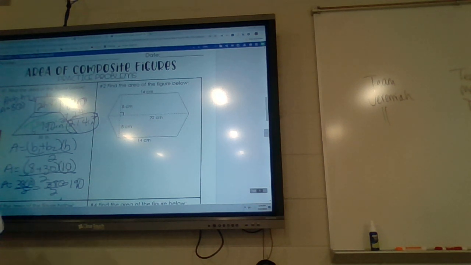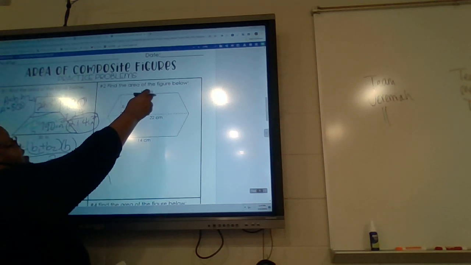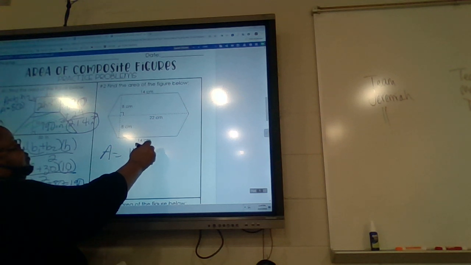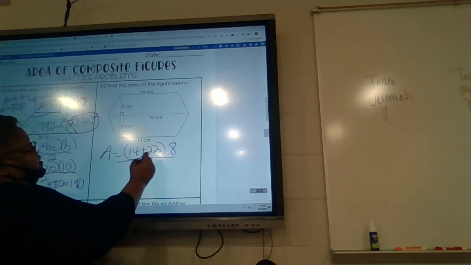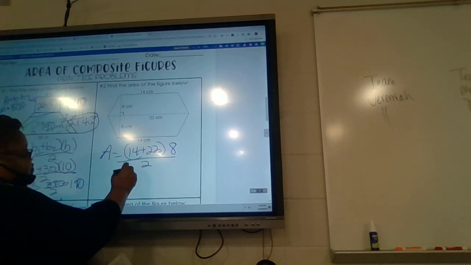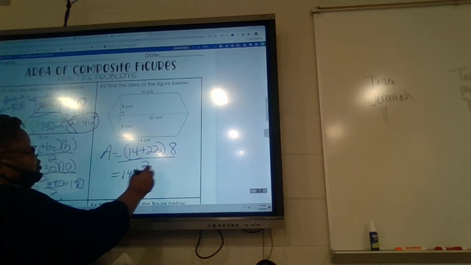I mean, you can make it complicated and put all these triangles and all that stuff, but that's just not even necessary. So we got the formula here. What is base 1? 14, well, it doesn't matter. 14 plus 22 times 8 divided by 2. And I put that in my calculator and I get 144 centimeters squared.